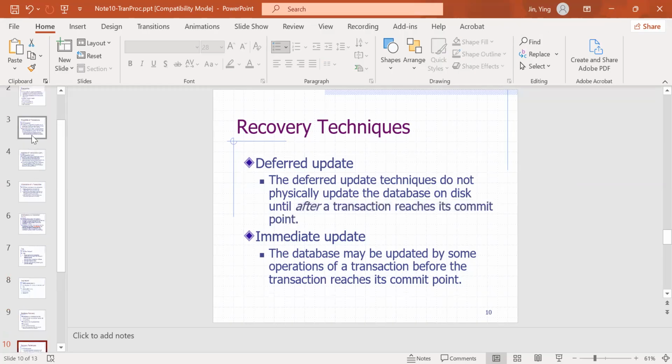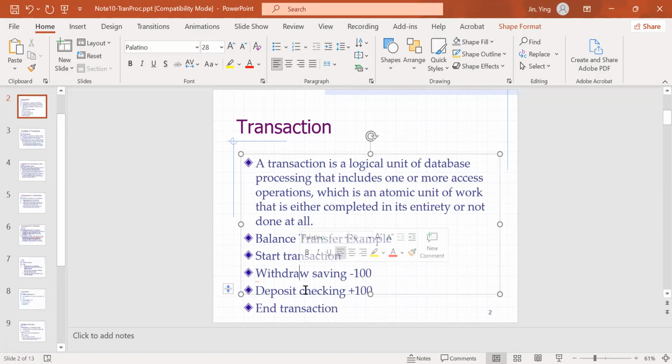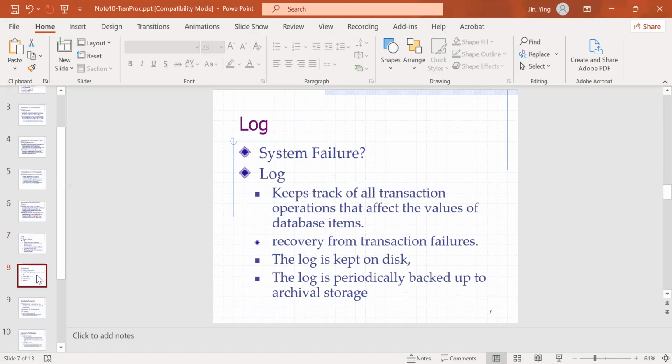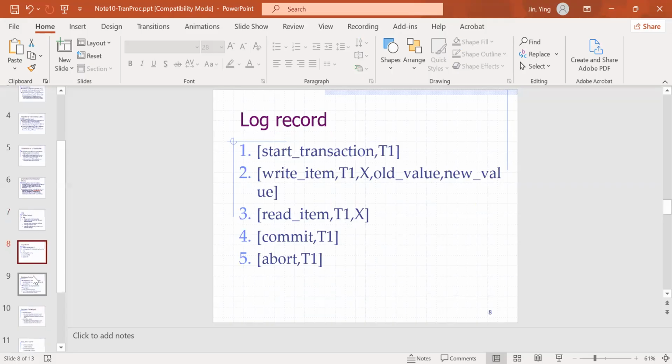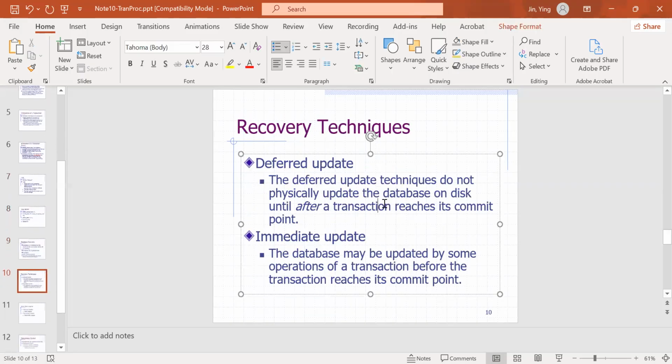When we finish the transaction, we can commit. Before we do that, these operations are calculations in memory. We are not able to change the savings account or checking account on the disk at all in the deferred update technique.